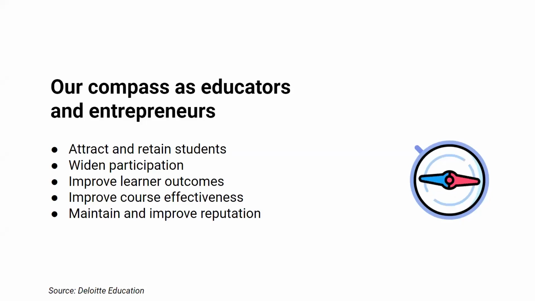So it's important to widen participation and in this space to improve learner outcomes, improve course effectiveness, and also maintain and improve reputation as businesses and as influencers, as experts, as professionals. So this is the moment for e-learning to shine and for e-learning to deliver its promise and be able to transform the way we do business, the way we learn, the way we go forward.